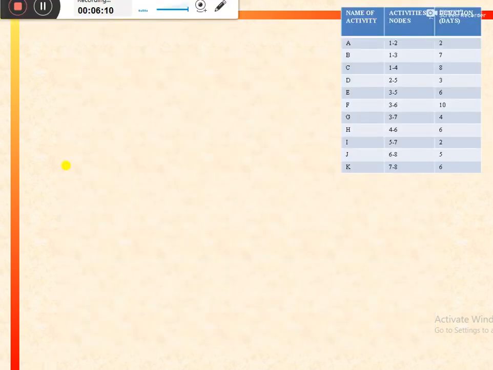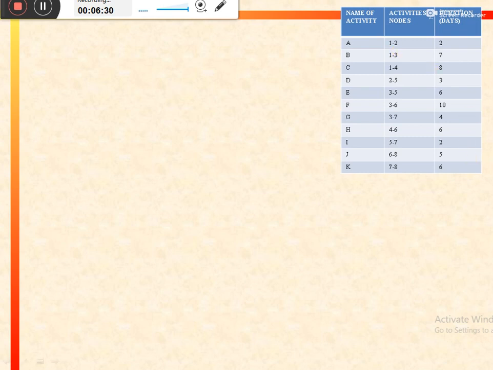In step 1 of the procedure, we will draw the network for the project with the help of the information given in this table. As you can see, activity A starts from node 1. Node 1 denotes the starting point of the network or the initial activity of the project.